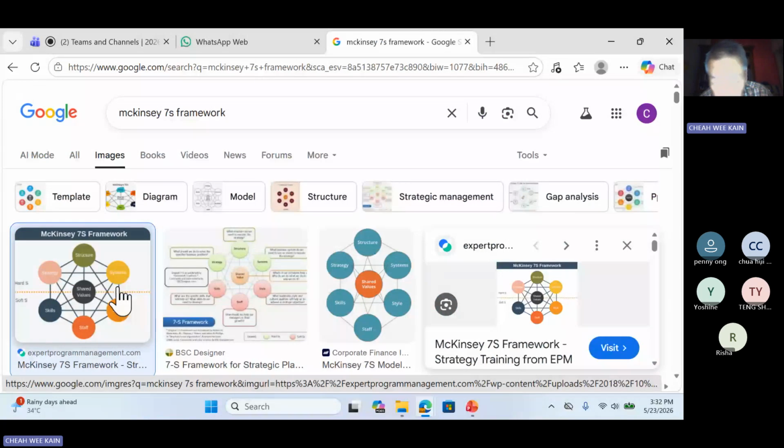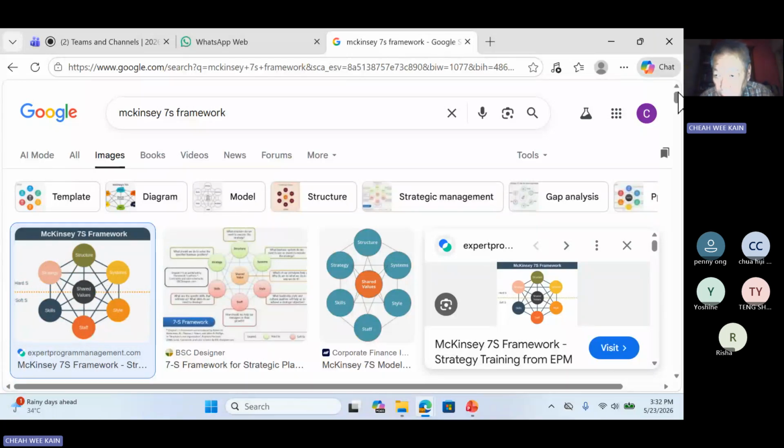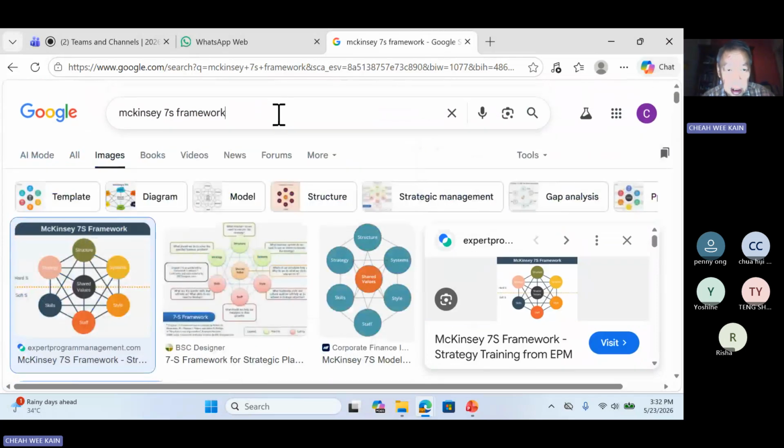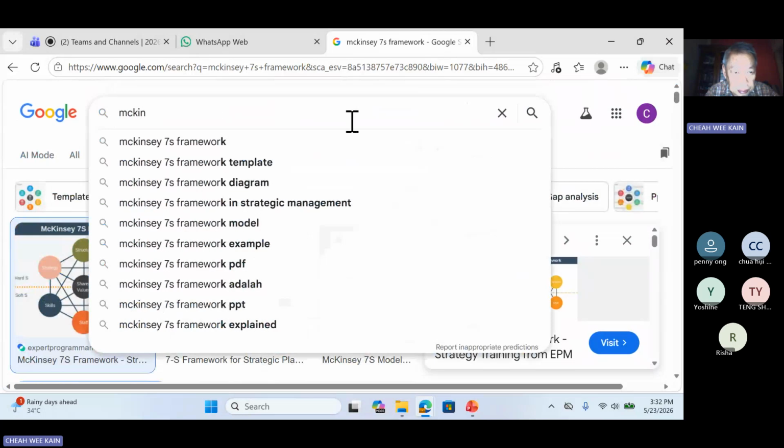McKinsey strategy is looking at structure, system, shared values. Okay. Again, it doesn't ask you to look at this framework, but it doesn't actually teach you how to make the actual strategy. It doesn't teach you that. Okay, so let's say, okay.